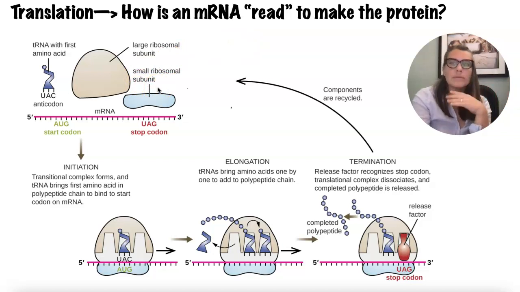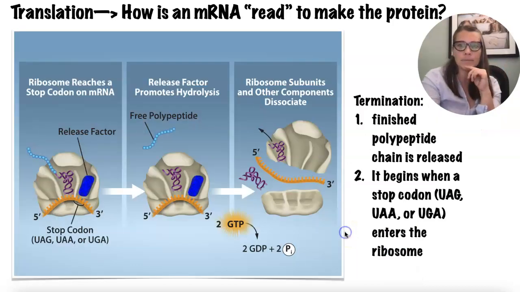Okay, and your protein is all done. Remember, each dot is one amino acid, and this line is the peptide bond between each amino acid, and now you have your protein all done.